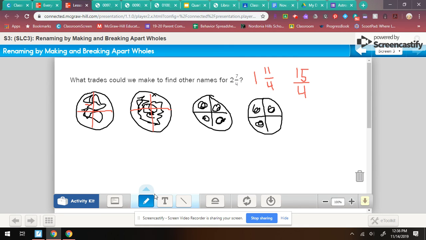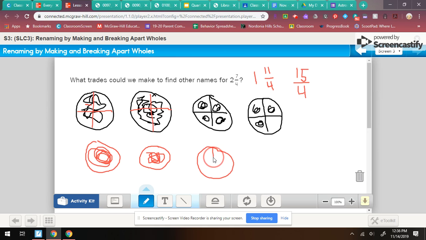So if I had 2 and 7/4, let's draw that again. So I have 2, those are filled in. And 7/4.